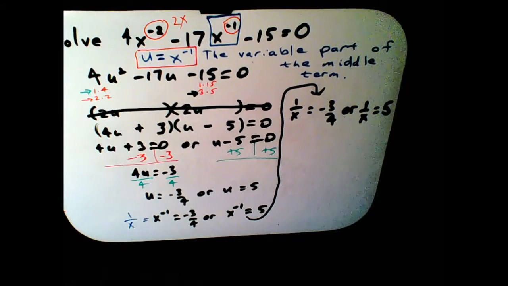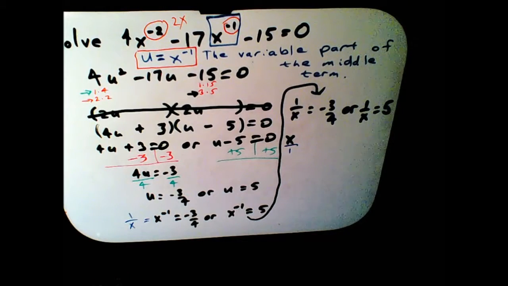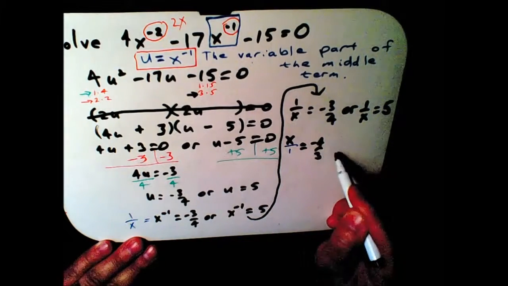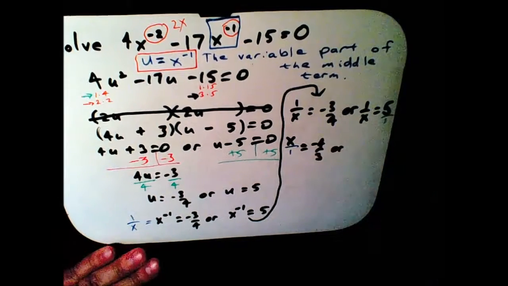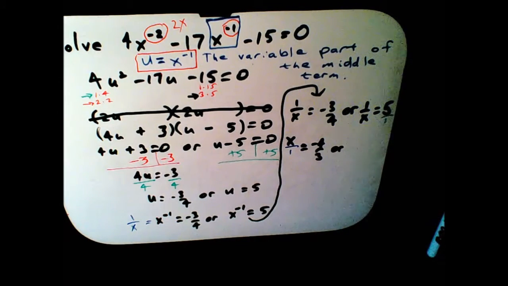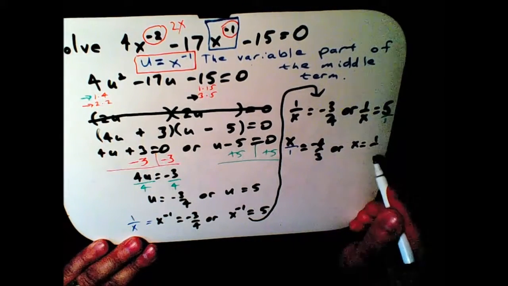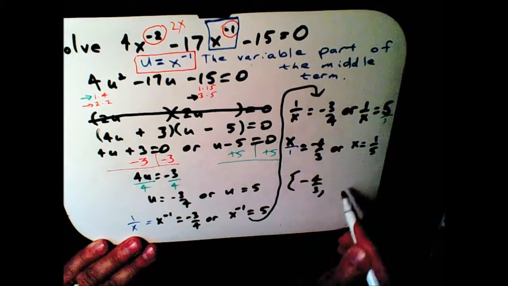And so x over 1, which is just x, which is what we're trying to solve for, is equal to, flipping the other side, negative 4/3. Or flip both sides of 1 over x equals 5 over 1. We're going to get 1/5 as a solution also. So x equals 1/5. Our solution set then is negative 4/3, 1/5.